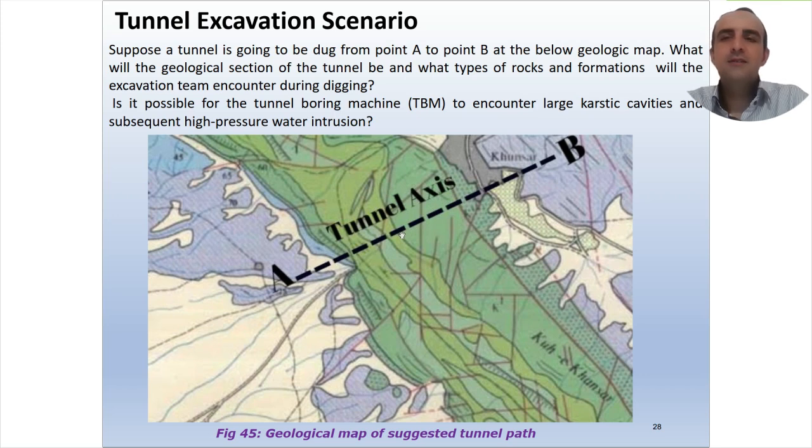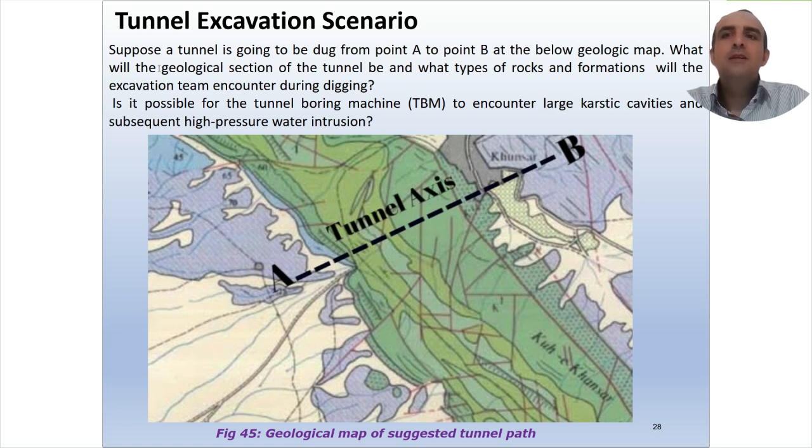Again, in this slide, we have a common and applied case for engineering purposes. Suppose a tunnel is going to be dug from point A to point B at the below geologic map. I have two questions.